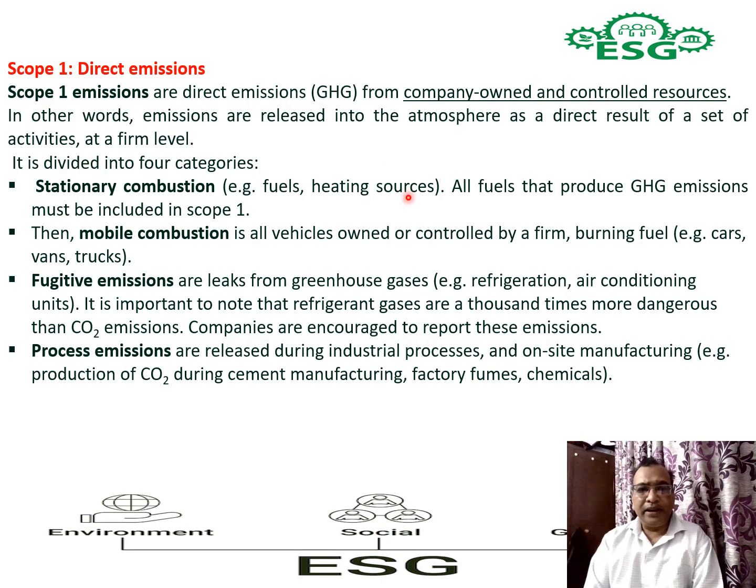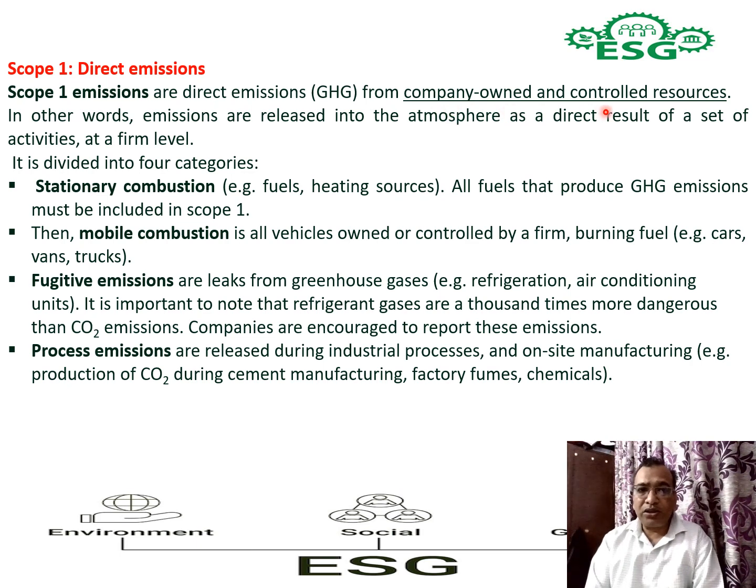Now we will see in detail what is the scope of emission under scope 1 of greenhouse gases. Scope 1 emissions are nothing but the direct emissions. It should be remembered, they are the direct emissions. So scope 1 emissions are direct greenhouse gas emissions from company owned and controlled resources. This is very important.